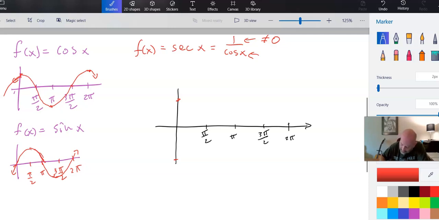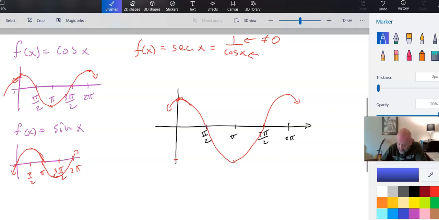Cosine at 0 is 1. This is going to go down this way and then over to here, up to here, finishing a full circuit, and it continues from there, right? But this gives us the stuff we need.